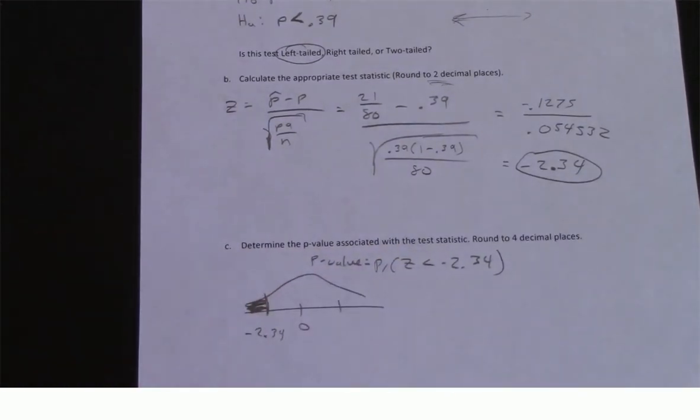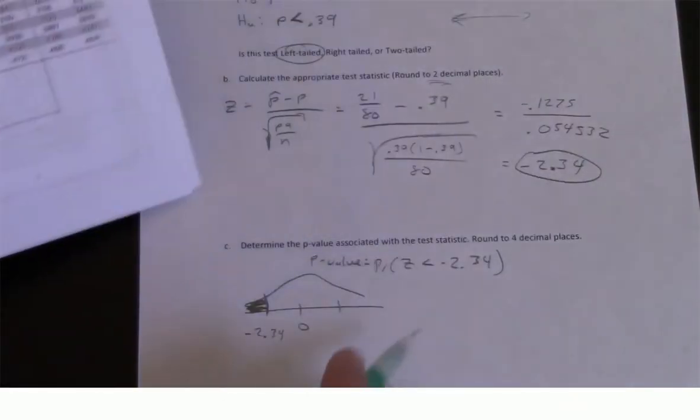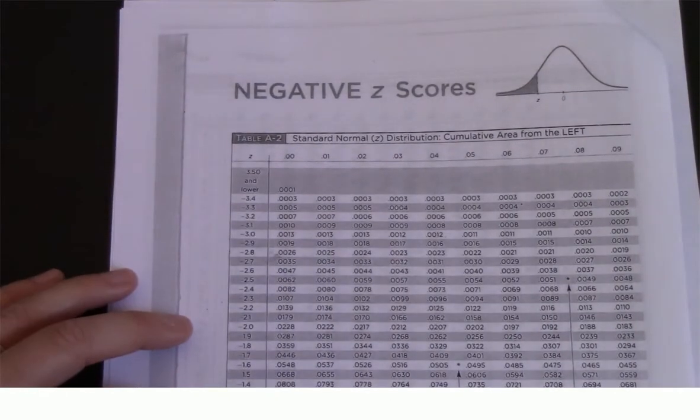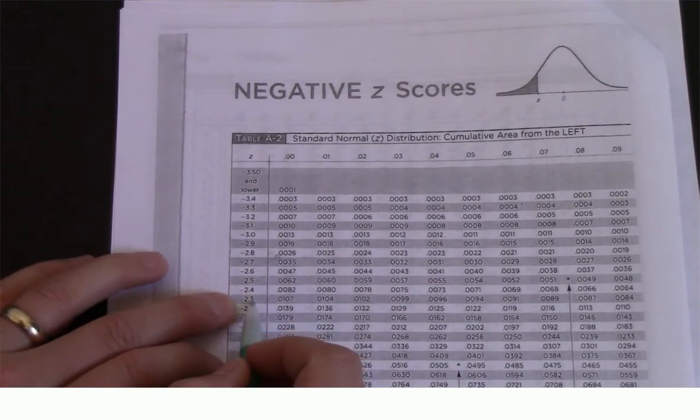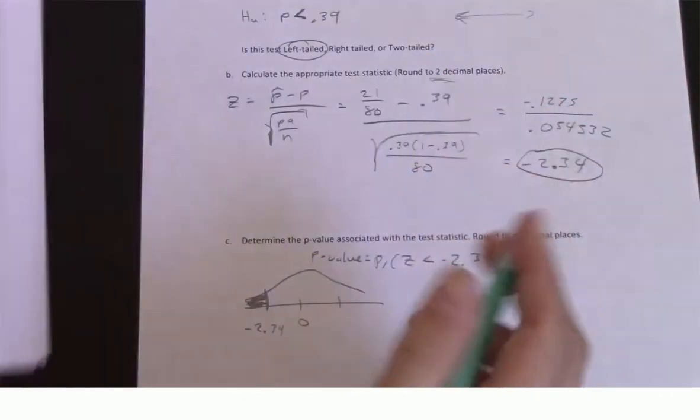P-value equals that area. So let me pull out my table. Negative 2.34, 0.0096.